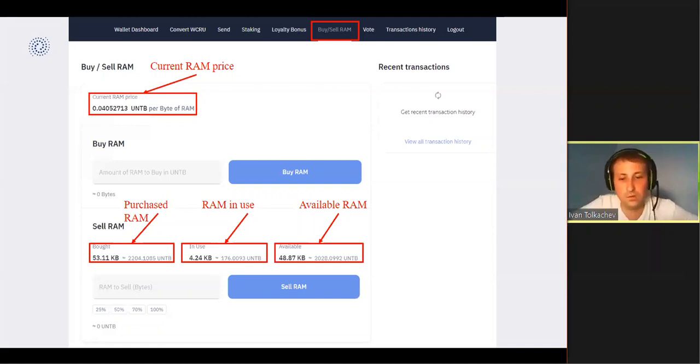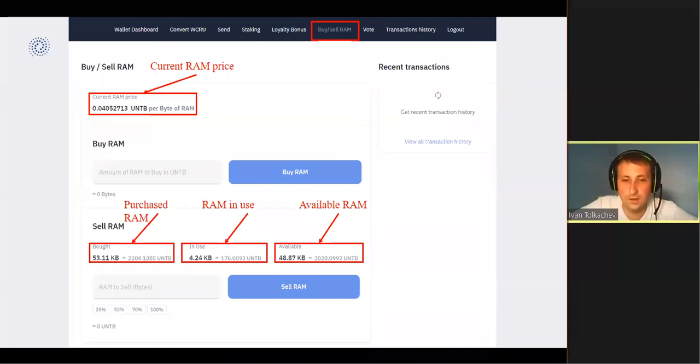So this is the difference between the one you bought and the one you use. If you have RAM in excess, you have the price of available RAM in UNTB, and if you sell it, then your RAM in use reduces.